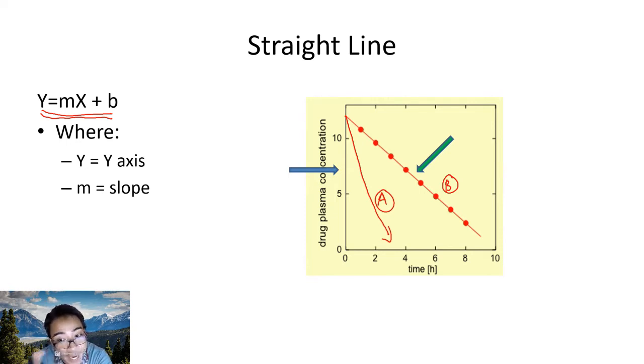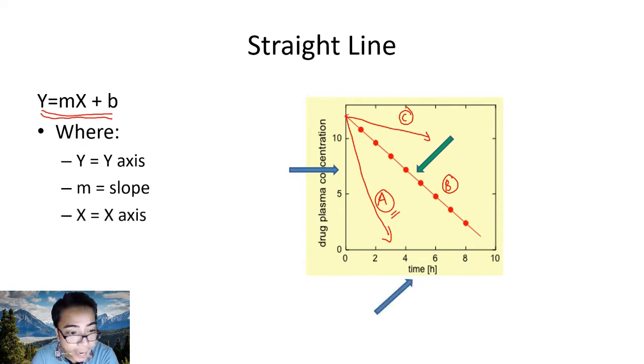So between A and B, the line of A is steeper than B. Especially if I give you another comparison, this is C. So, A is steeper.